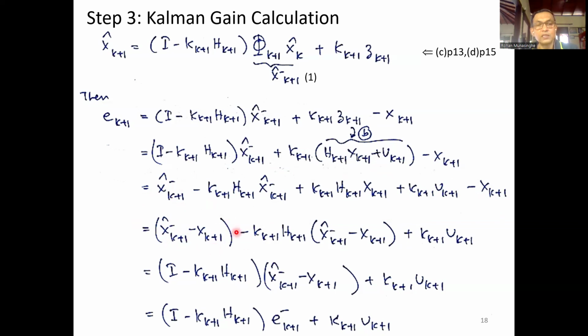Okay, minus KH, and then x hat minus k plus 1, and also there's x k plus 1 with the same terms in front. So you get this KH out of these two terms and write it down as x hat minus k plus 1 minus x k plus 1. All right, so this is a nice rearrangement. So we have got 4 terms already, and there's one remaining, that is K times v k plus 1. That is the sensor noise.